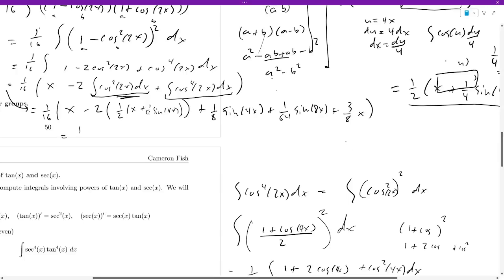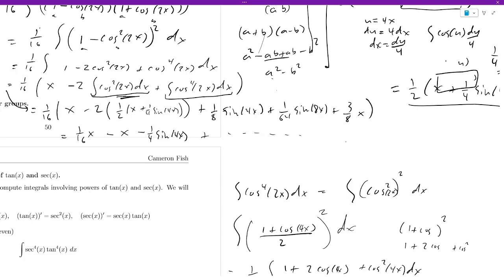So we're going to get 1/16 x, and then minus x minus 1/4 sine of 4x. Right, because the 2 cancels, and I just have the minus sign. Okay, so plus blah blah blah blah.